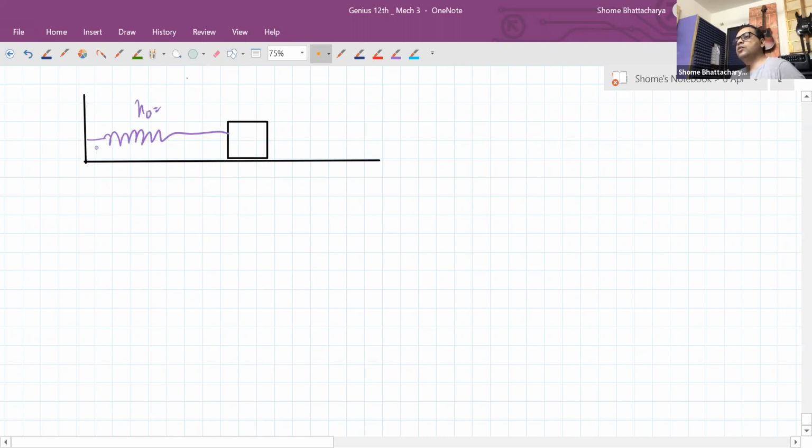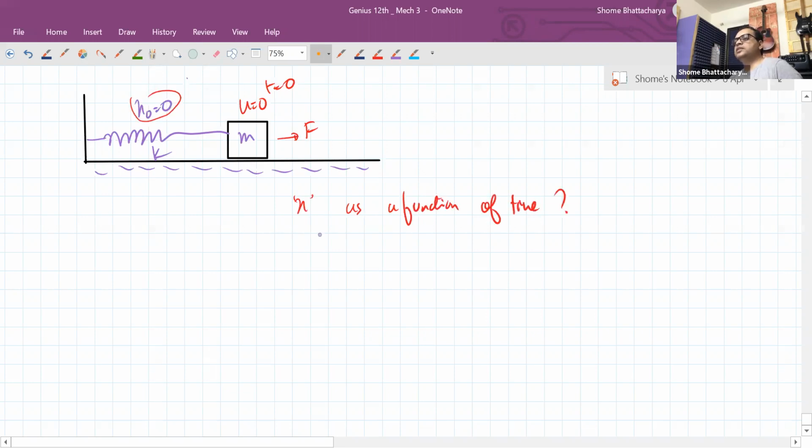Now at t equal to 0, this block is also at rest, x0 is also 0, but we start applying a force F like this. So then what is x as a function of time? x is not a sine omega t, x becomes a into 1 minus cos omega t, where that amplitude becomes f by k and omega becomes square root k by m.